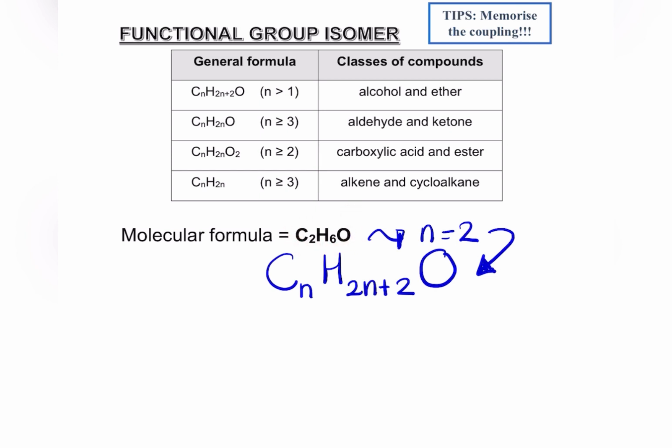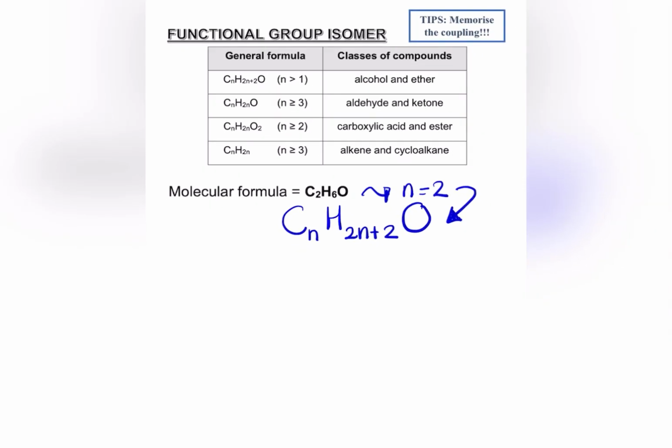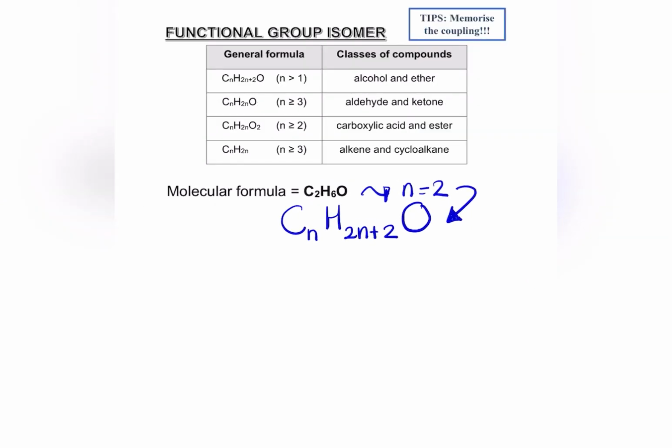So of course, you have to memorize the structure of the functional group. So let's try with alcohol first. I'm going to draw alcohol with C2H6O. So I got a 2 carbon chain, 1, 2, and after that you got 4 covalent bonds, and one of them will attach to the OH group.